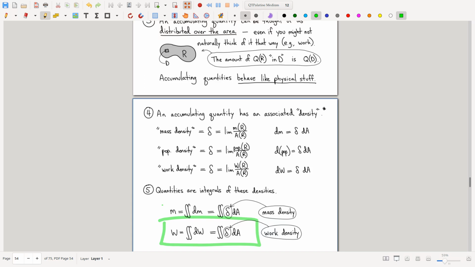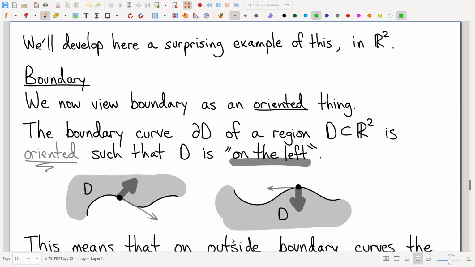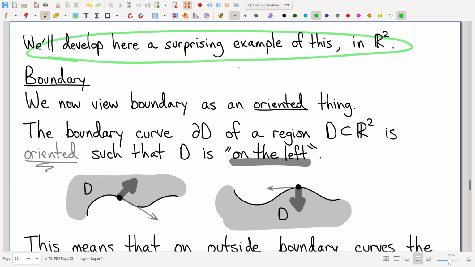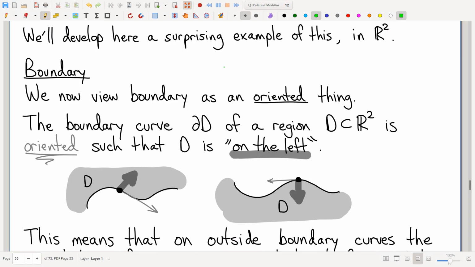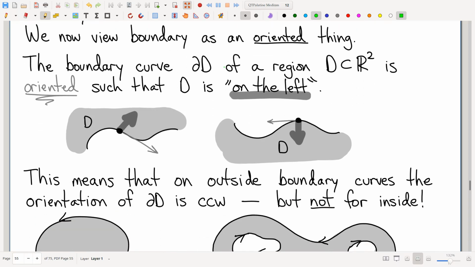Totally analogous, even if it's not actually stuff. Okay, so with that in mind, we're going to find a really surprising example of an accumulating quantity that we're going to do all of those things to. And the last thing we did last time was we set up a convention.